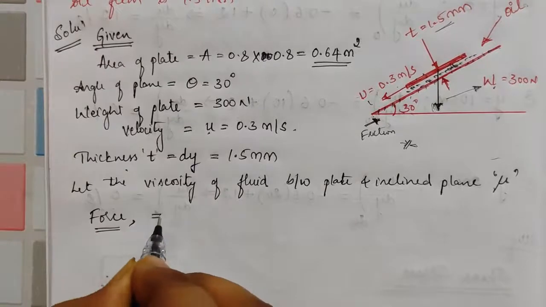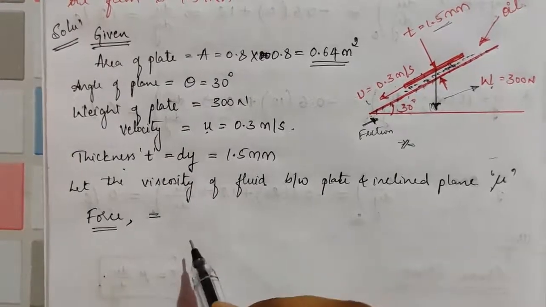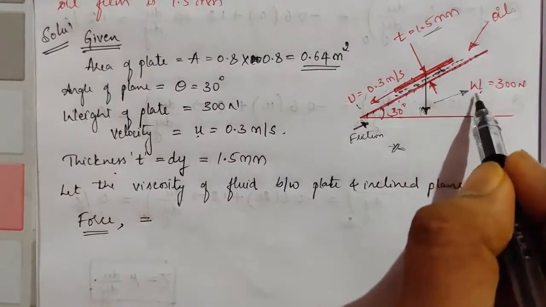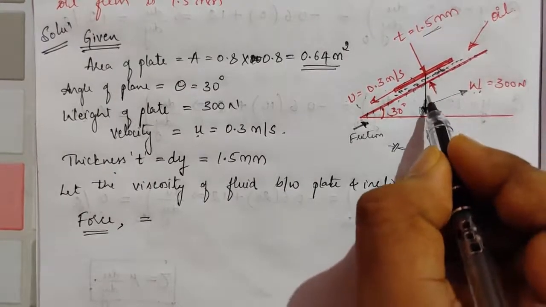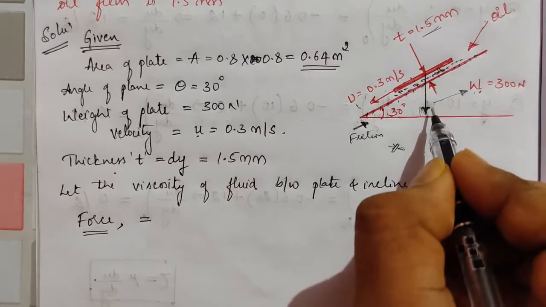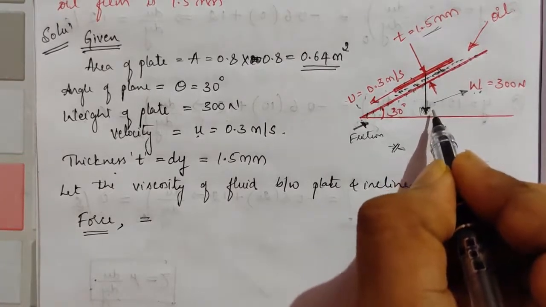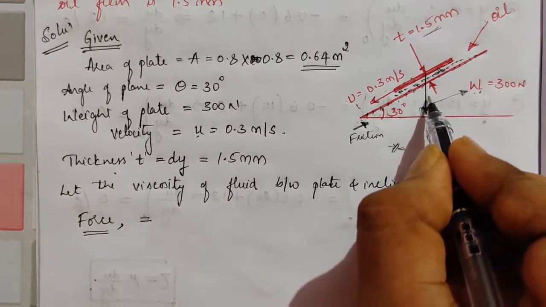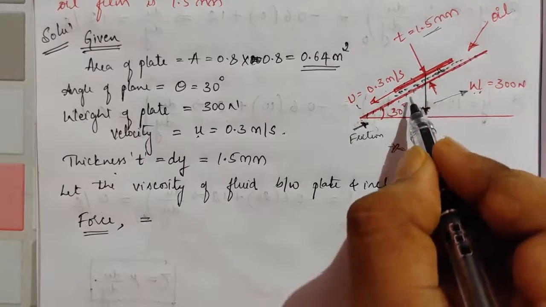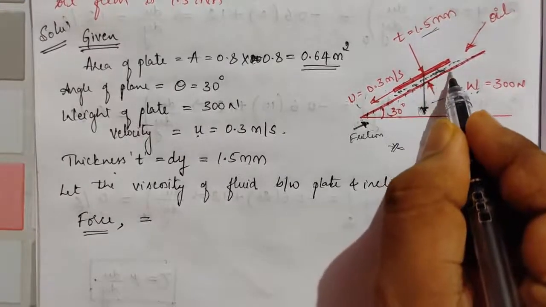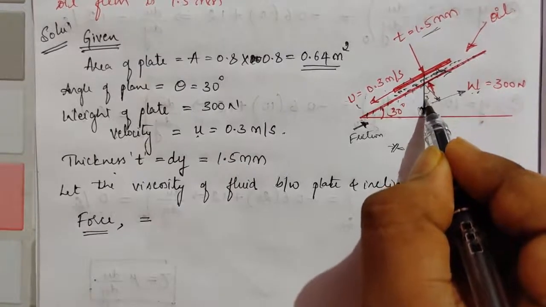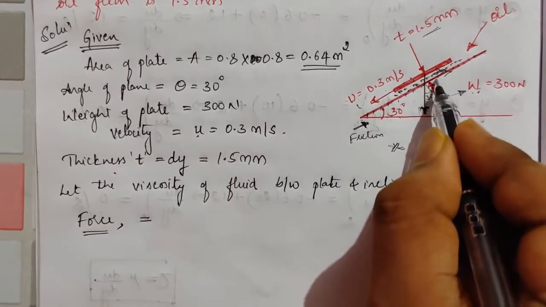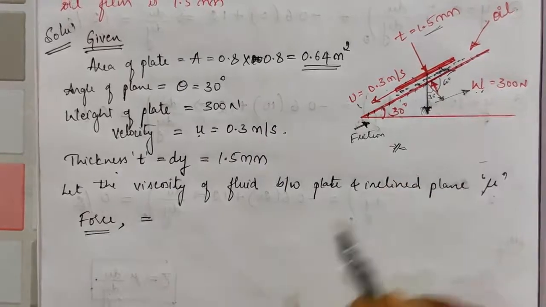So we need to find this force. How do we get this force? See here, W is 300 Newton, and W is acting like this. When I resolve this W force, one of the components will be along the plane. This is 30 degree, so 90 minus 30 is 60 degree.